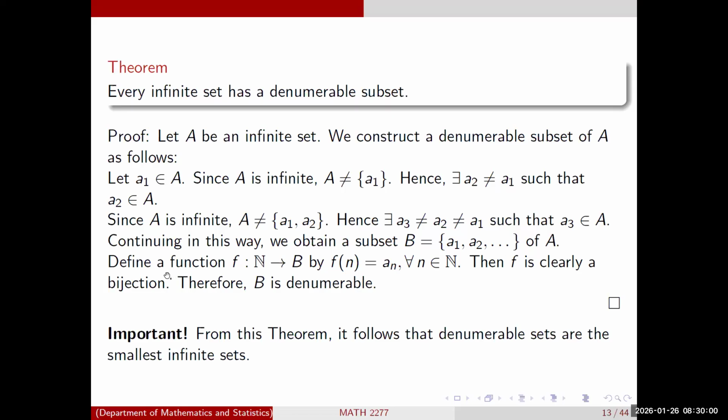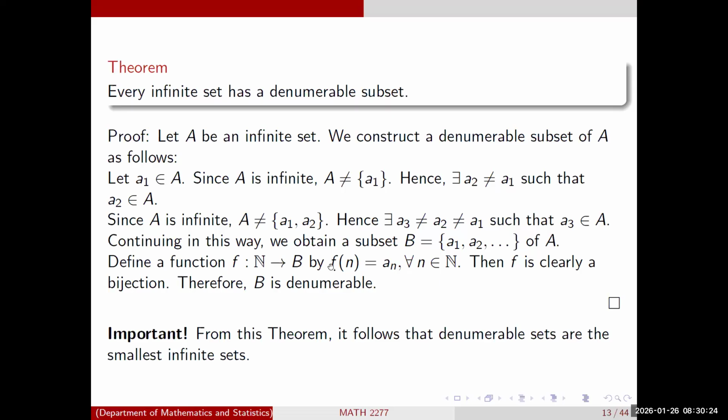Now we can write down exactly what this function is. I'm going to call this function f, going from the natural numbers to B, defined by f of n is simply An. Any natural number you give me, n equals 100, I'm going to give you A100.